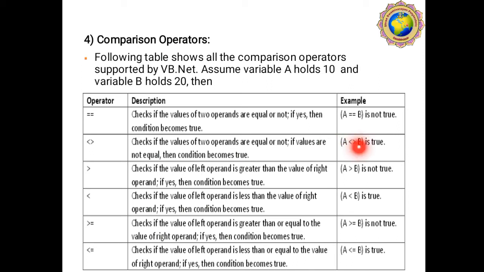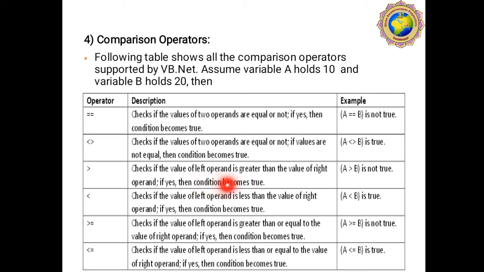Because here it gives the answer true. Why? Because it compares the value of A and the value of B using this operator. The condition is satisfied, so it gives the answer true. Then greater than checks if the value of the left operand is greater than the value of the right operand.